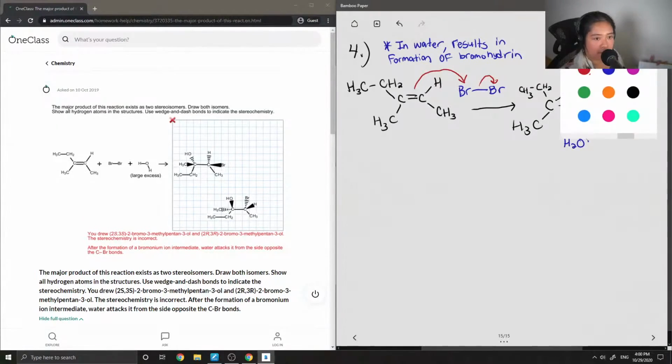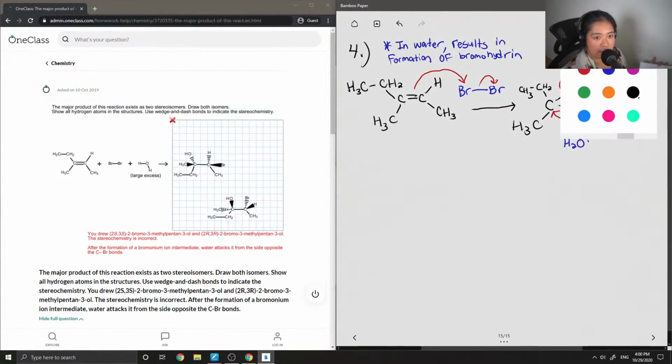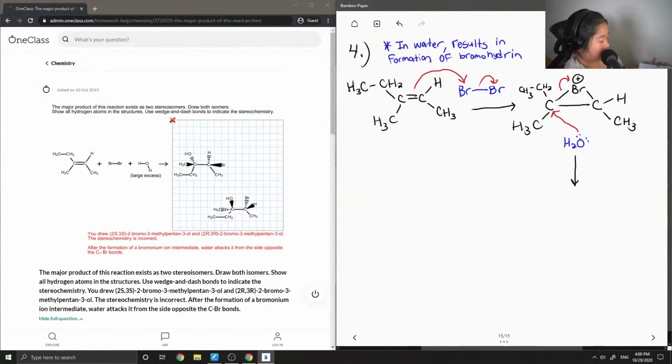So basically its mechanism looks like this. It's going to attack the carbon over here on the opposite side, and then the bromine is then neutralized, and then the next product looks like this.